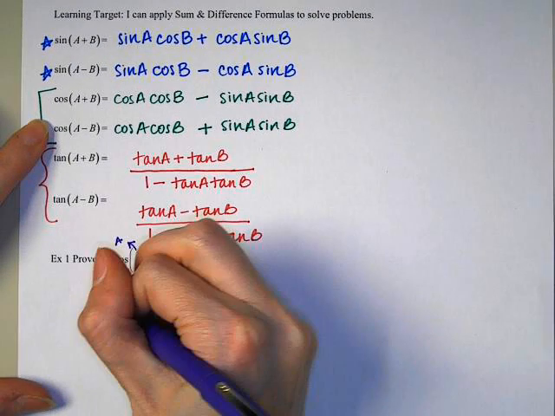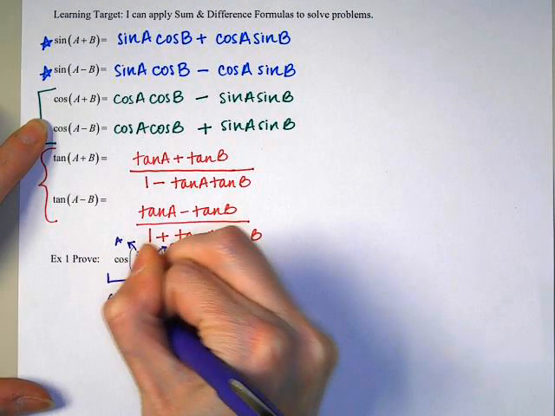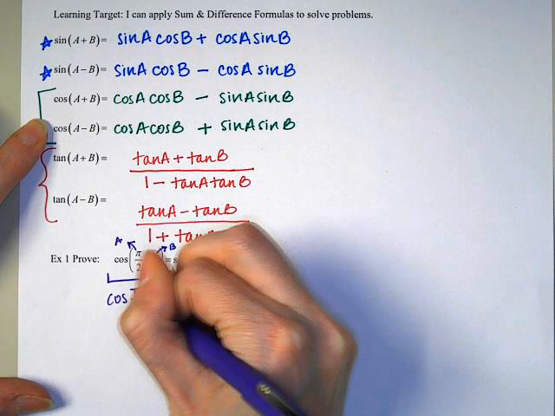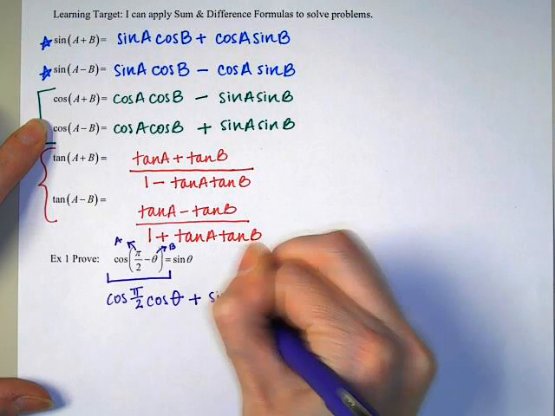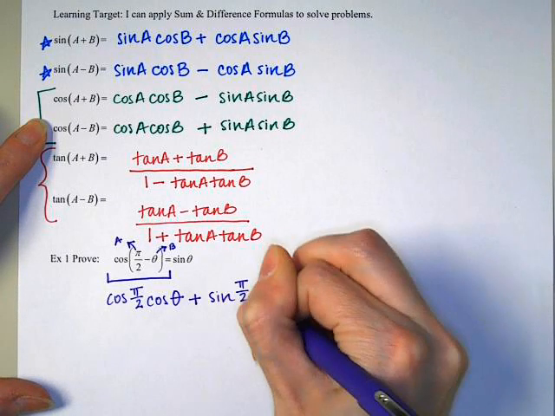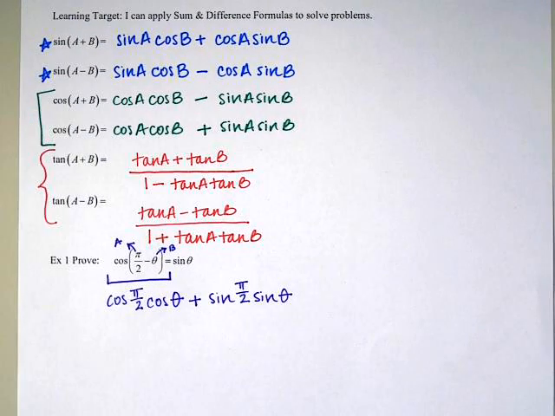So again, we said it's cosine A cosine B plus sine A times sine B.